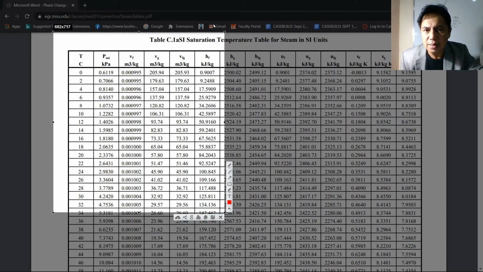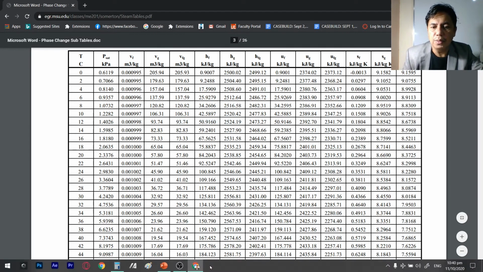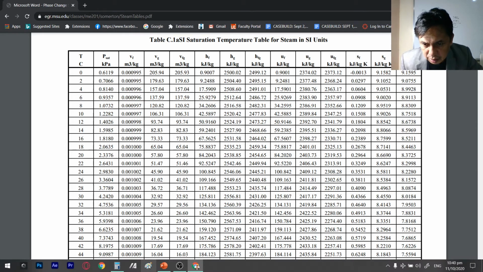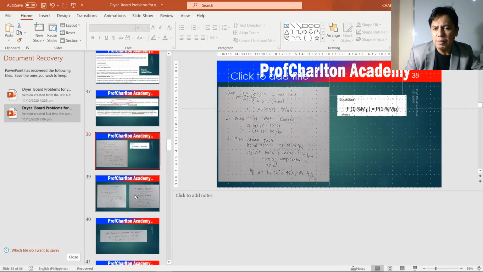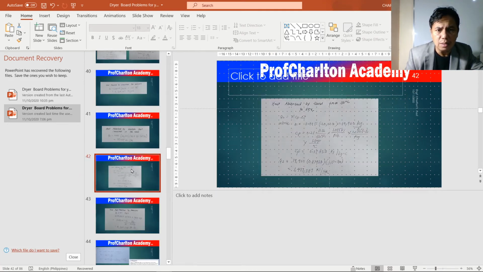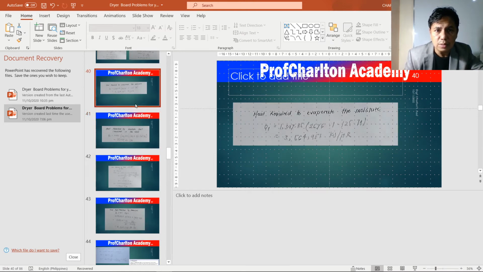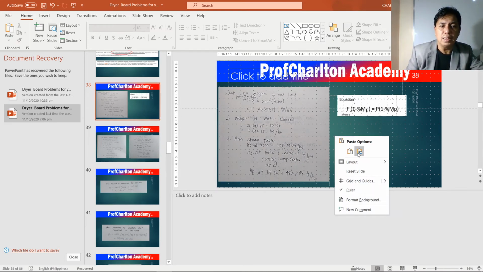Because that's the boiling temperature, 100 degrees centigrade. So let me go back and paste it so that we can have this as our data. So I'll put it here.